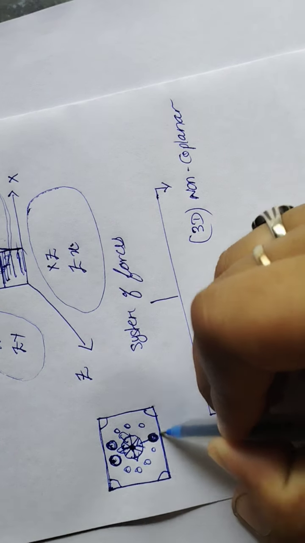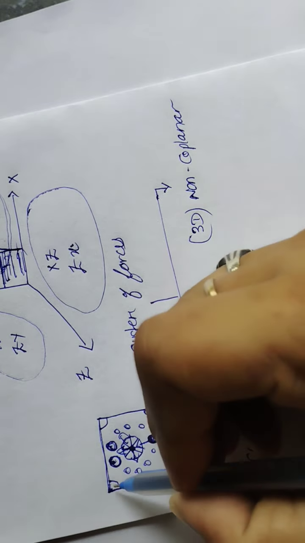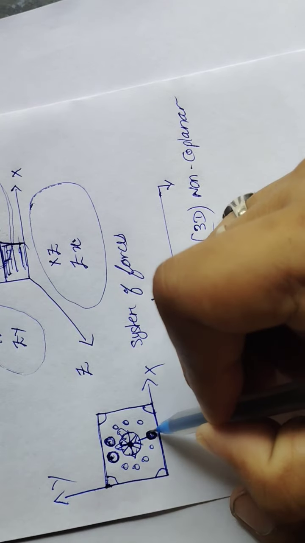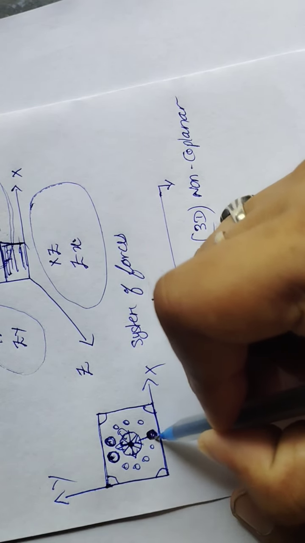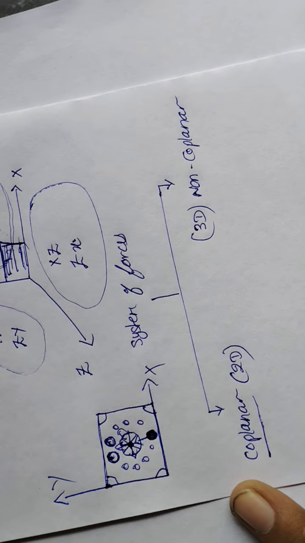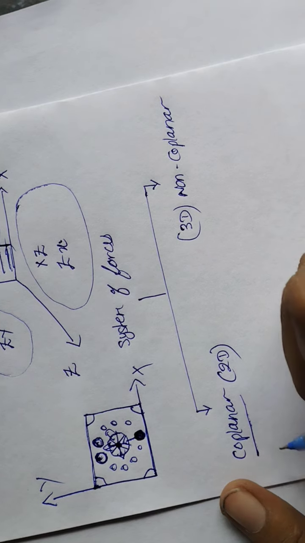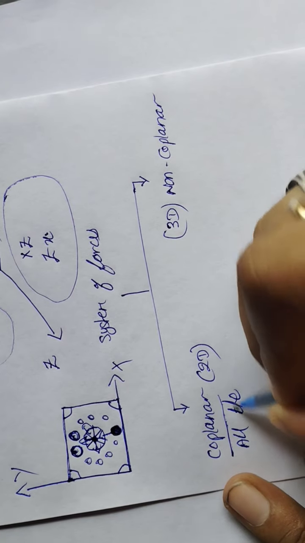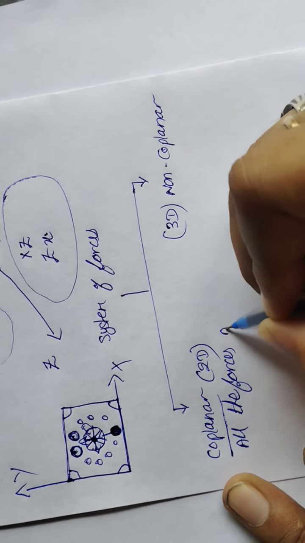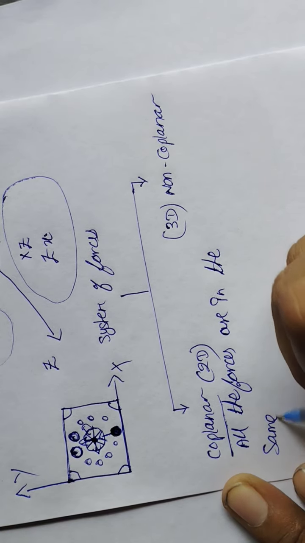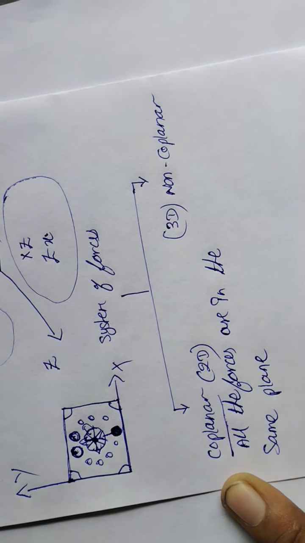If you see this one, this is my x axis and this is my y axis. So when I am hitting a carom ball, everything is in the same plane. That is called coplanar. It means if all the forces are in the same plane, then such type of force can be called coplanar force.